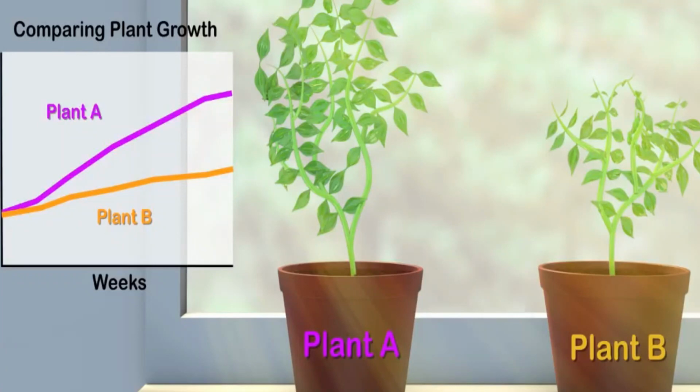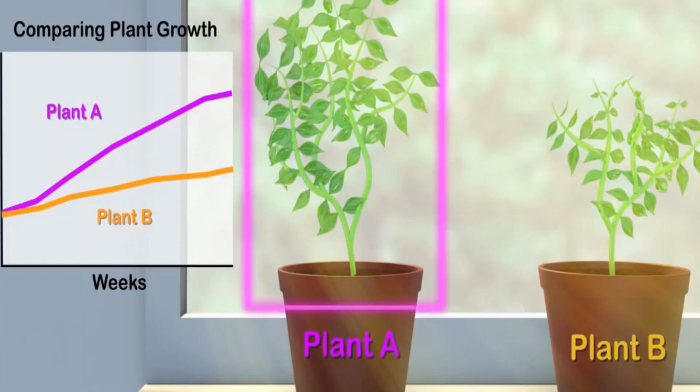Therefore B is the control setup and A is the experimental setup. It is a very simple thing: whenever you want to check something, a control setup means we will not provide that specific factor to that setup. The other one is the experimental setup.